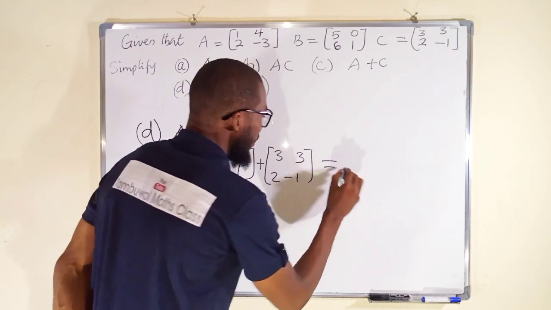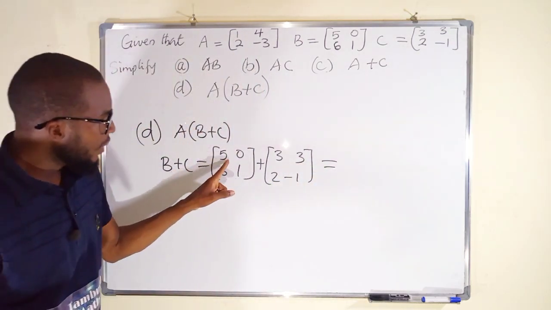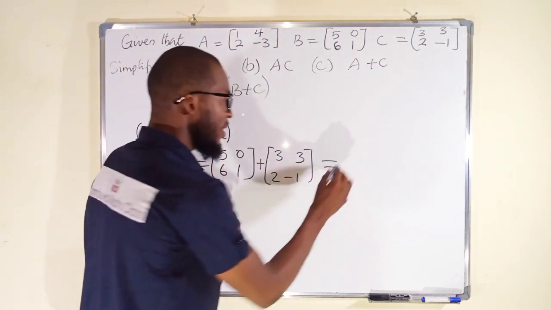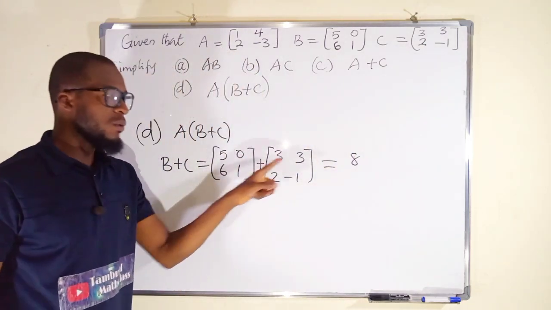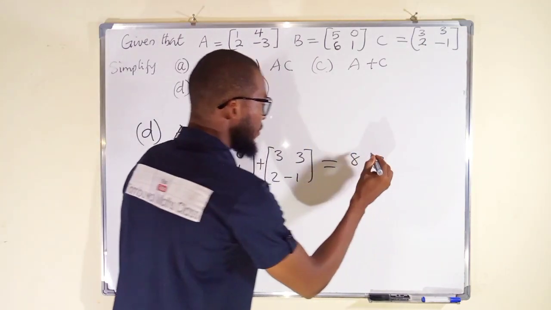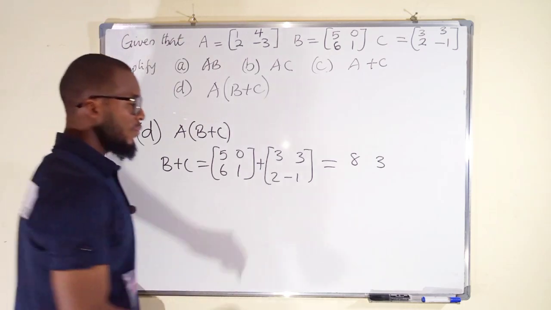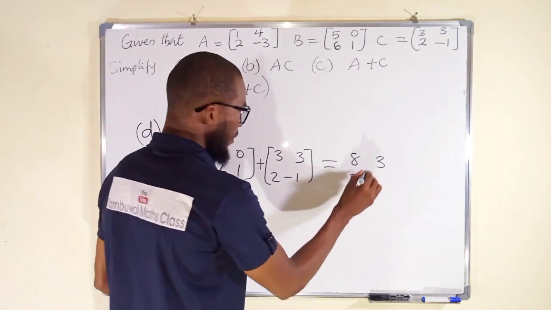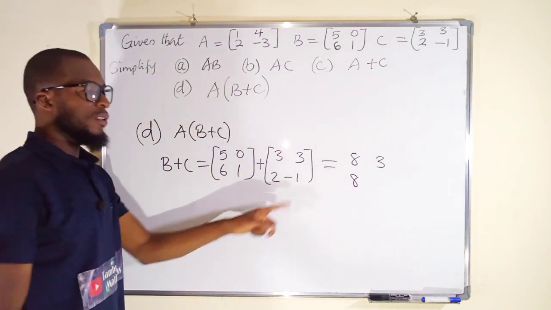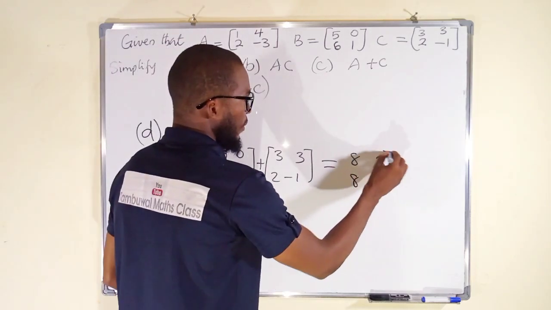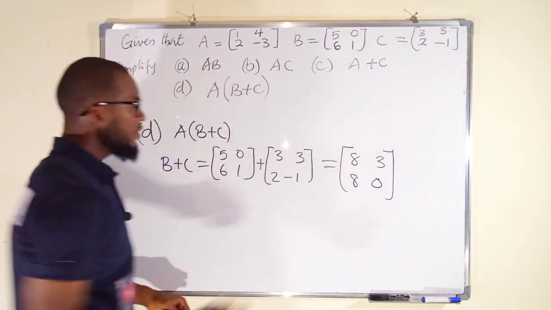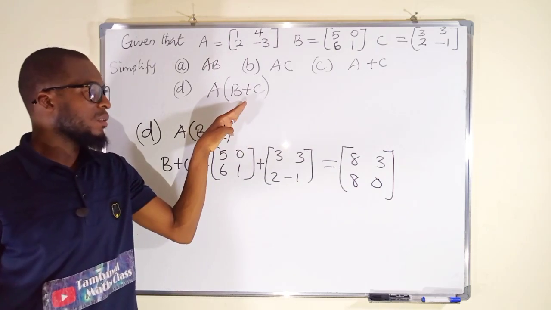I'll do this directly. We take 5, add it to 3, we get 8. Take 0, add it to 3, you get 3. Take 6, add it to 2, you get 8. Take this, add it to this, you get 0. So this is what we have under the bracket.